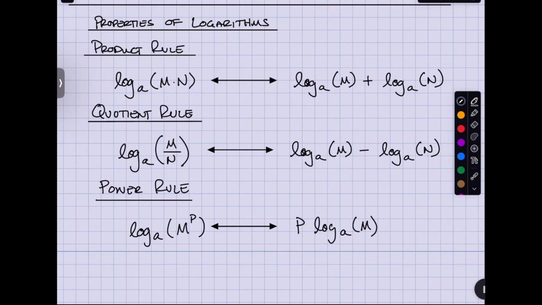Going from left to right would be considered expanding. Going from right to left would be considered condensing. Right?